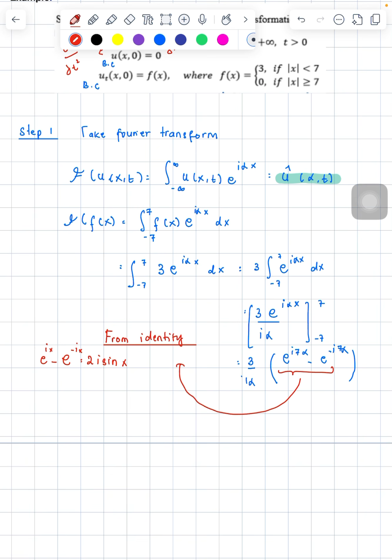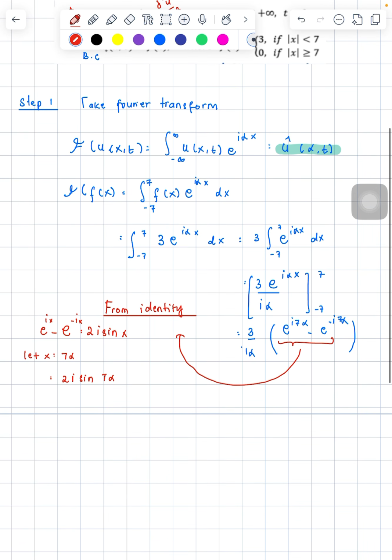Since we have 7 alpha, let x equal 7 alpha. So it becomes 2i sin 7 alpha.